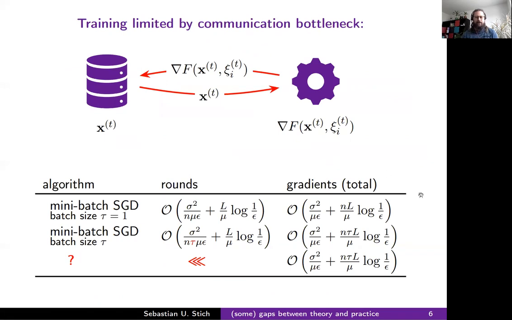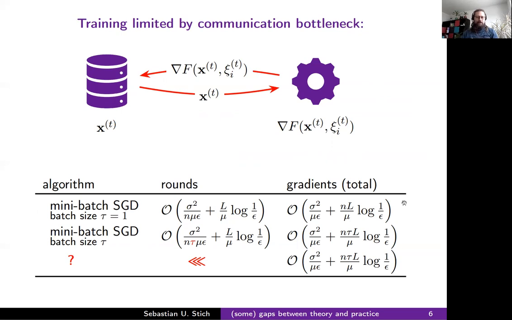So if you would just implement this mini batch SGD, where we get maybe one data sample from every client, and then the clients have to send these gradients back to the server, this is a very communication heavy algorithm, because for every update, we need one communication round.